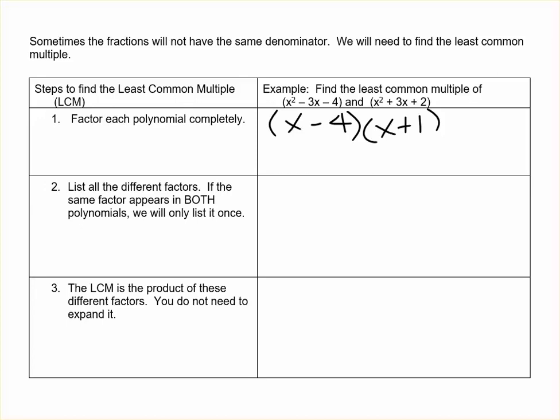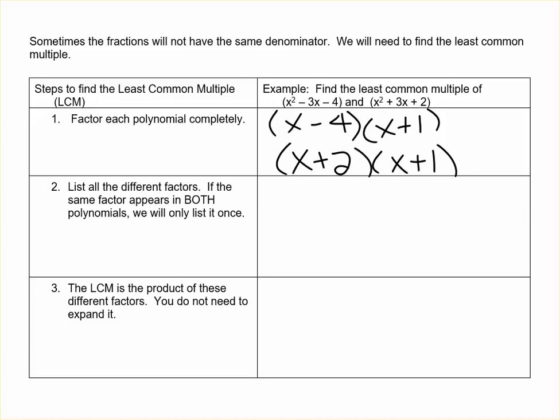Now let's factor x squared plus 3x plus 2. I need numbers that multiply to equal 2 and add to equal 3. That factors as x plus 2 times x plus 1. Now, for our least common multiple, we're going to list all the factors between the two of them. However, if a factor appears in both, we're only going to list it once.